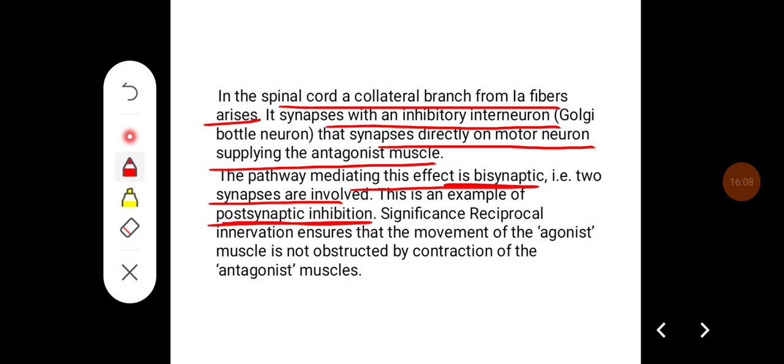The significance of reciprocal innervation is that it ensures the movement of the agonist muscle is not obstructed by the contraction of the antagonist muscle.